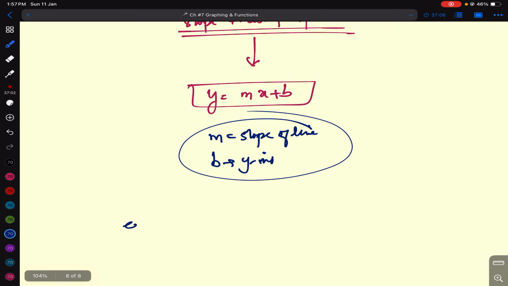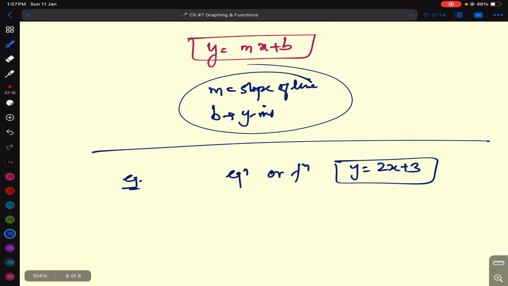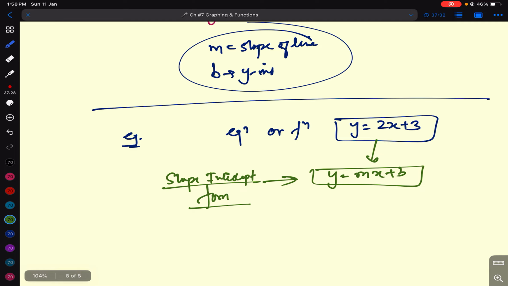Okay, let me take an example. Let's say you are given the equation or the function as y is equal to 2x plus 3. Now when I compare that with my slope intercept form, which is y is equal to mx plus b, my m is 2 and b is 3.